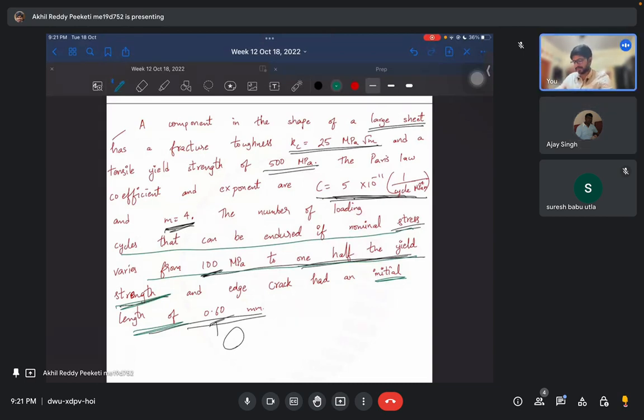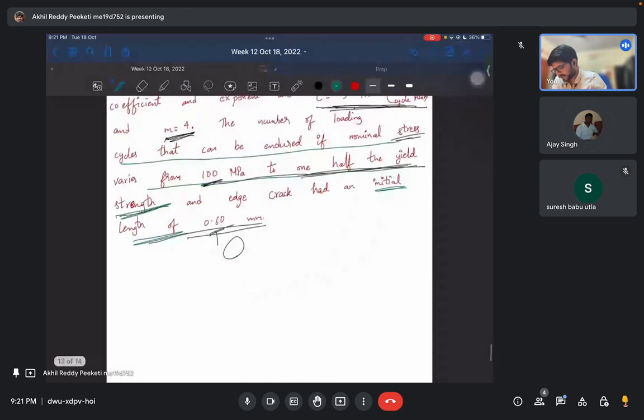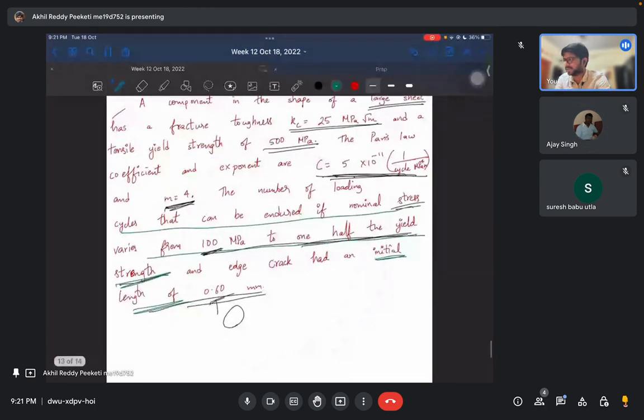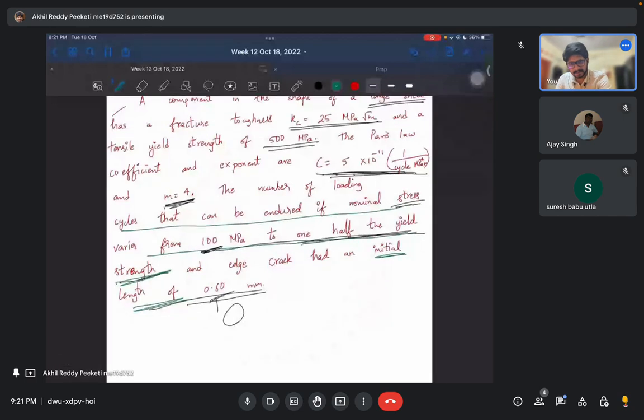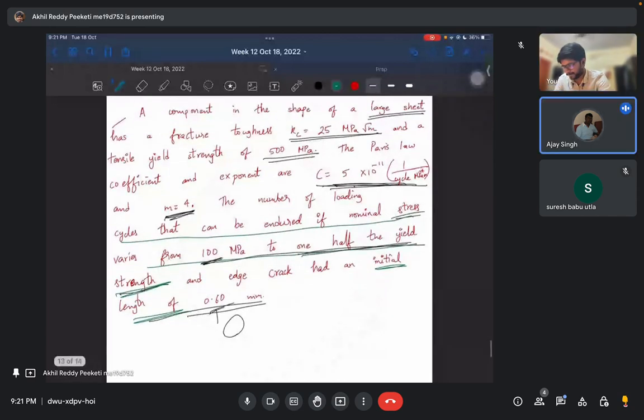We'll solve this one. First, can anyone explain what exactly is happening in this question? Yes, that is the second part.